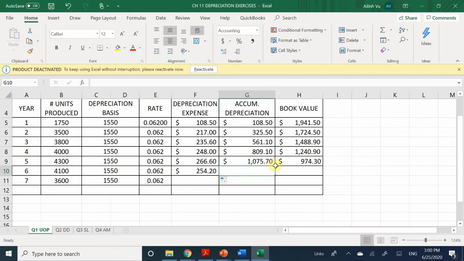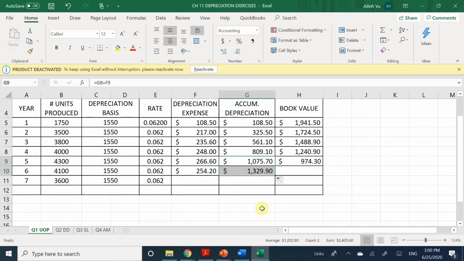Okay, plus the previous accumulated depreciation of 1075.7 is 1329.9.